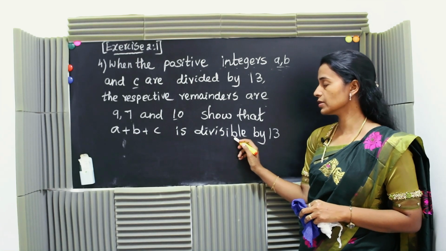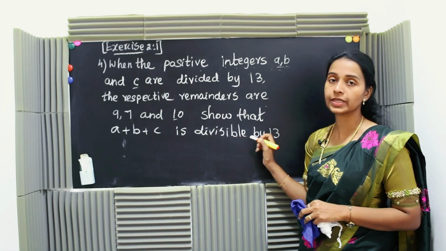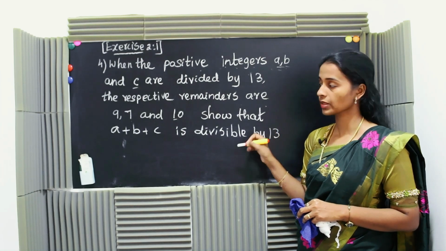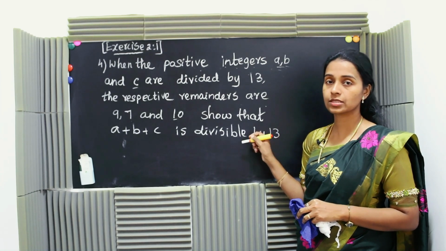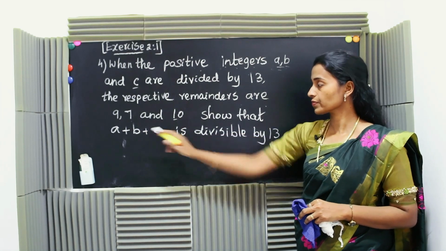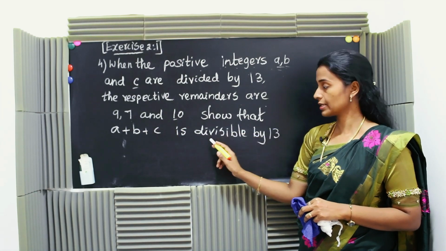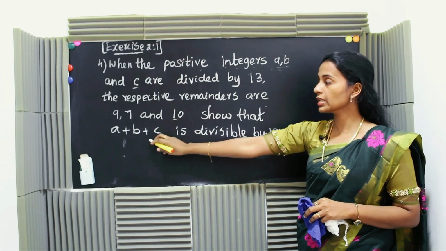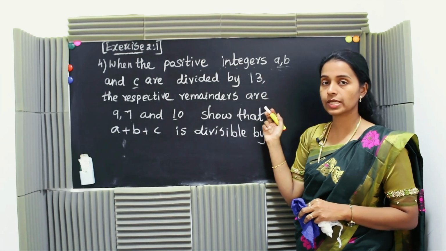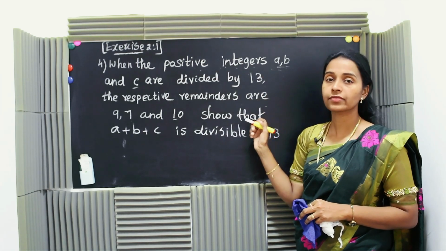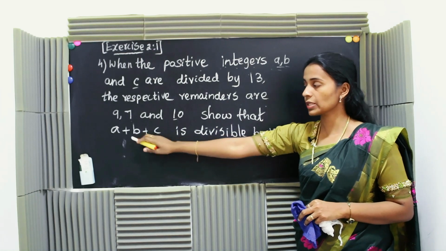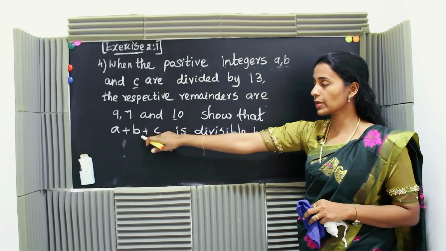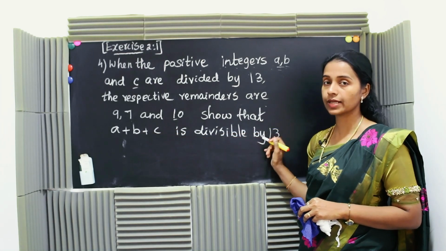What is divisible? Divisible by 13 means it can be divided by 13 without leaving a remainder. In this case, the remainder would be 0. Here we don't know what A, B and C are; only then can we find out A plus B plus C. What we need to do is show that A plus B plus C is divisible by 13.